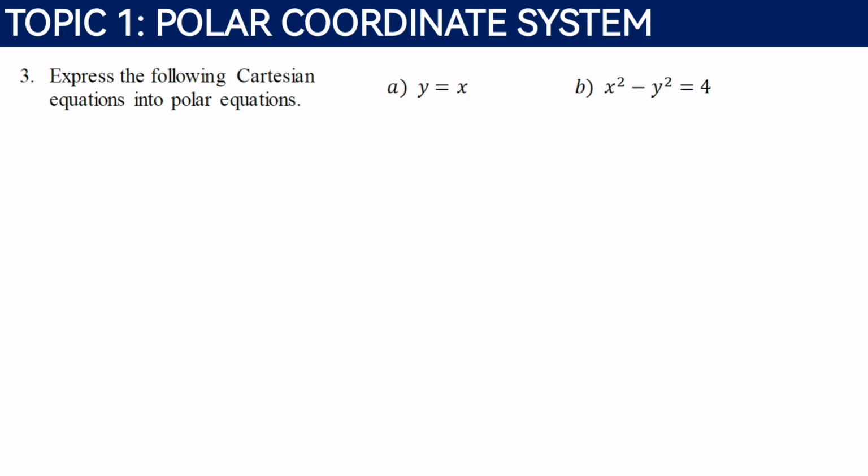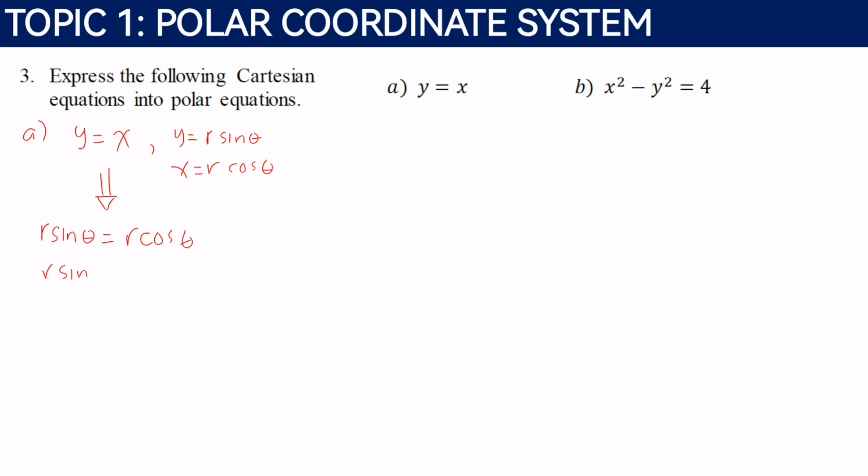Now let's go to example number 3, starting with A. Express the Cartesian equation y equal to x into a polar equation. What we know is y is equal to r sine theta and x is equal to r cosine theta. Substituting, I get r sine theta equal to r cosine theta.